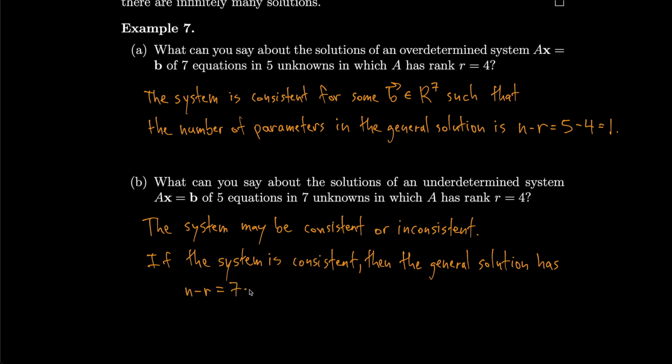That's 7 minus 4, because there's 7 unknowns, so that's 3 parameters.